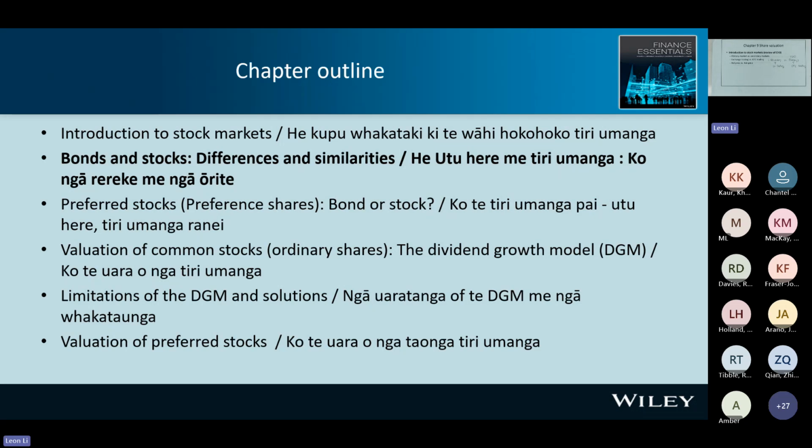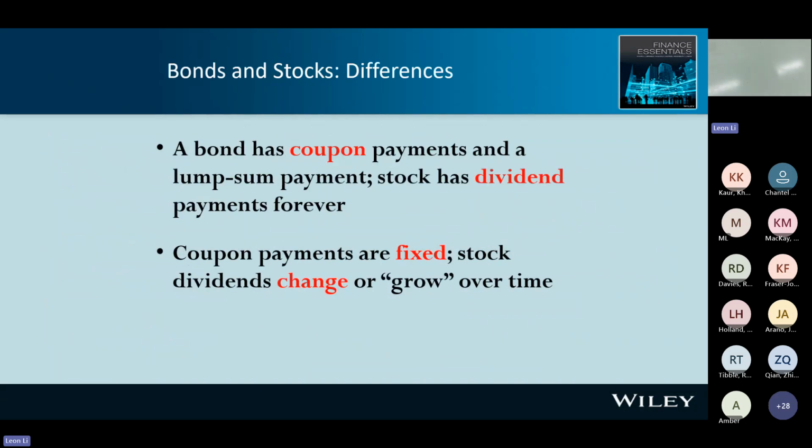Okay, now we are going to discuss our second topic, bonds and stock, differences and similarity. We are learning stock, but we want to make a comparison between bond and stock. Let's follow our slide. It's not difficult, but they are important.